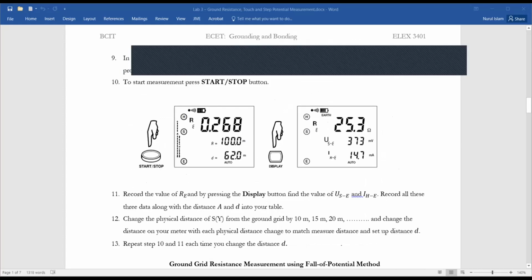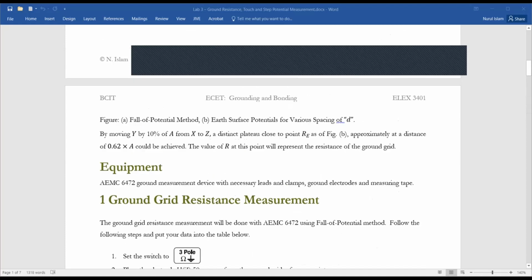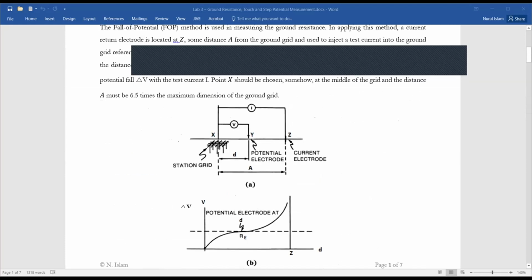Look here. So this is our grounding grid. From here, the distance to the Z electrode, and the Z electrode is our auxiliary electrode through which we are injecting current. So this distance is A, which in our lab is 50 meters.